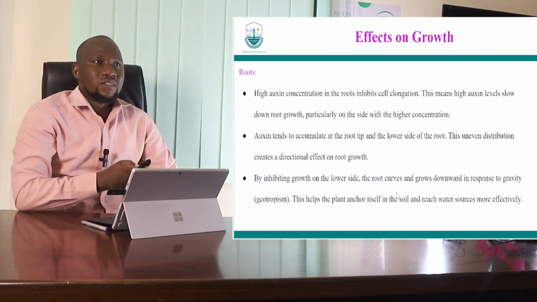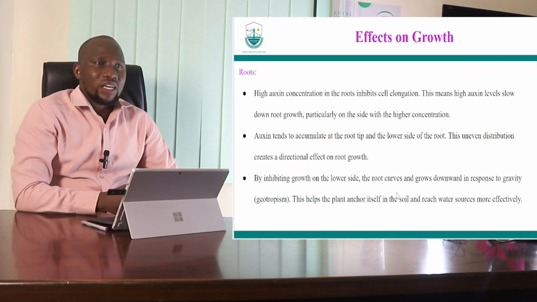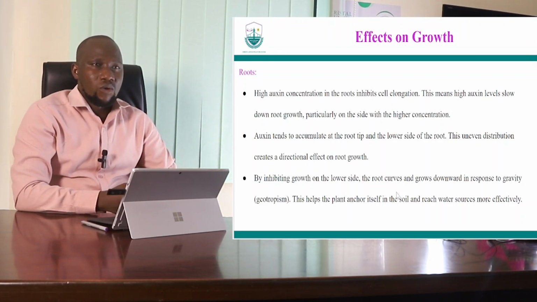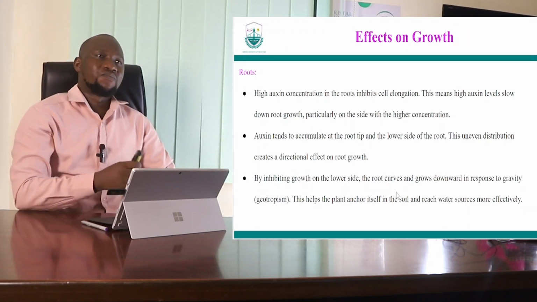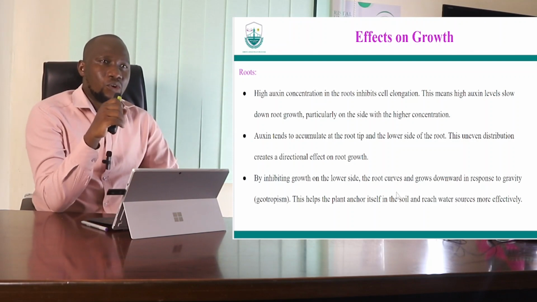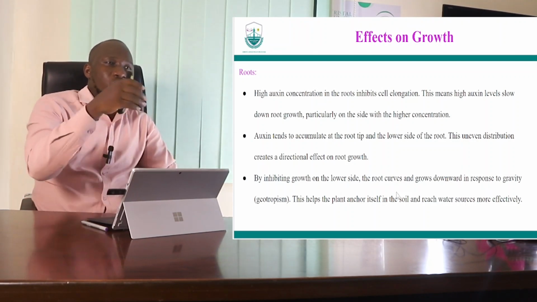In the roots, the opposite happens. If you have a high auxin concentration in the roots, the cells will not elongate. That's why we are saying that it will inhibit cellular elongation. Instead, in the roots, what we want is a low concentration of auxins for the cells to elongate.